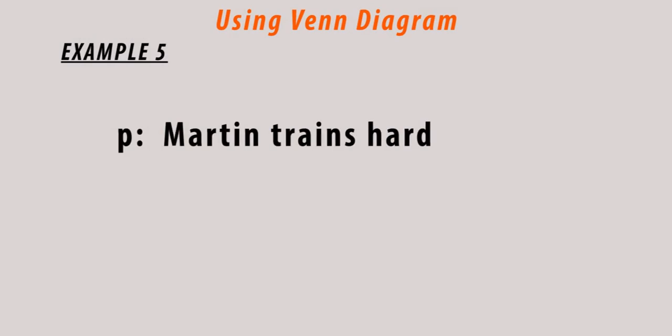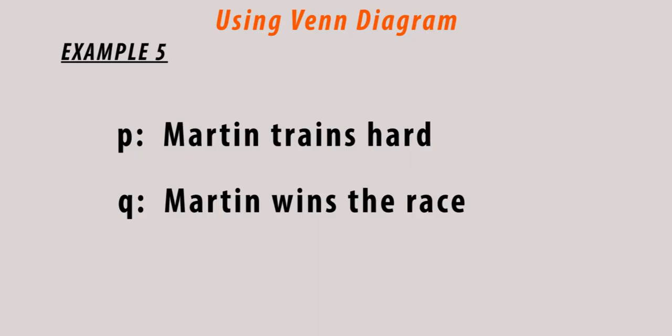Example 5. Consider the statements. Statement P: Martin trains hard. Statement Q: Martin wins the race. If P implies Q, state whether or not the following statements are valid deductions from the given statement.